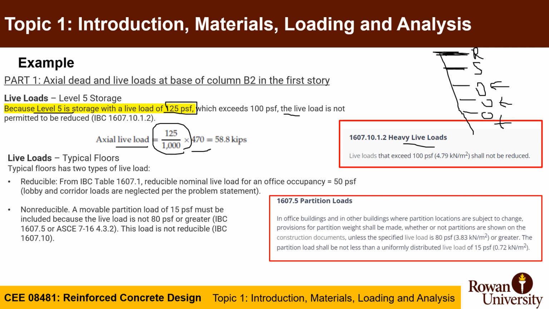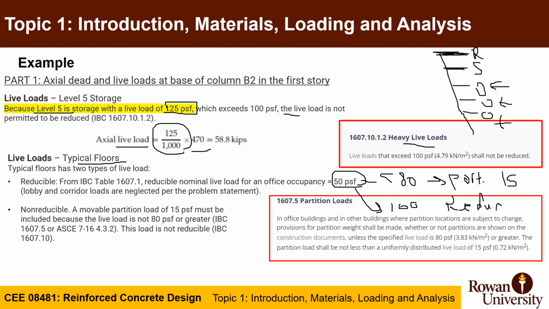For the offices or typical floors, please note that it was given by the table. It should be 50 psf. This is actually less than 80, so we have to include a partition of 15. Also, it's less than 100, so we can reduce, right?